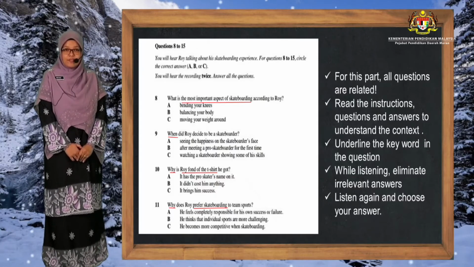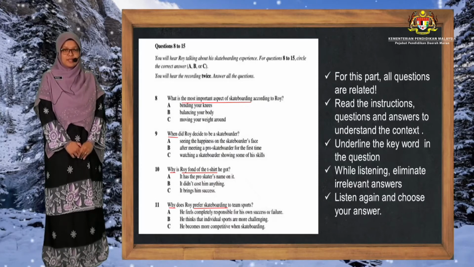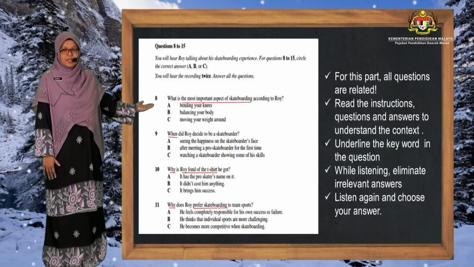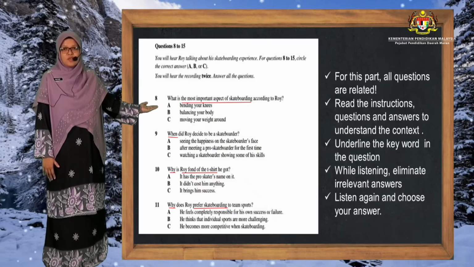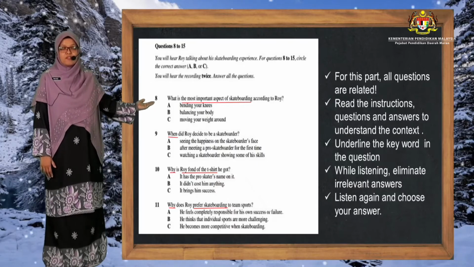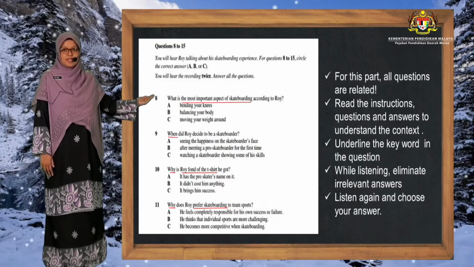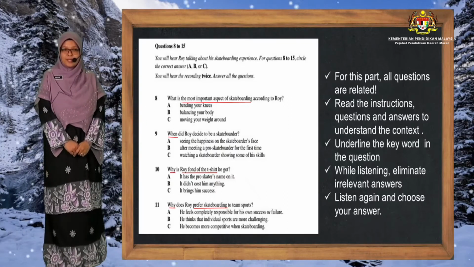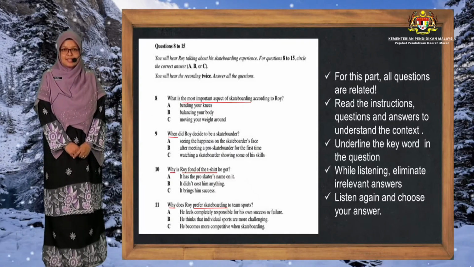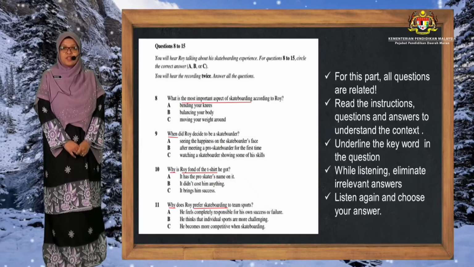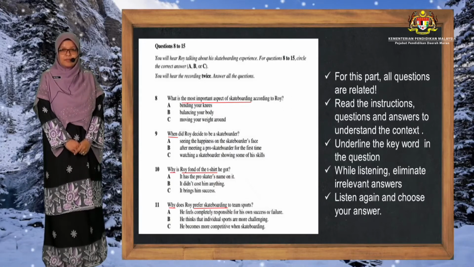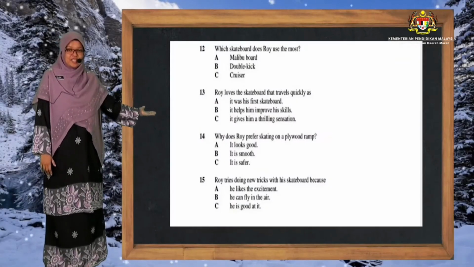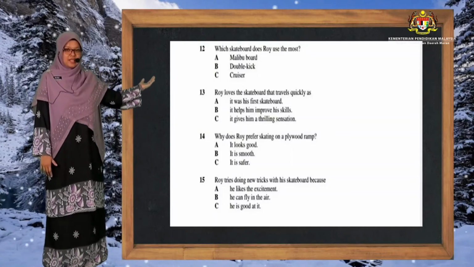And then you have to underline the keyword in the question, just like in part 1. For example here, I've underlined the most important aspect of skateboarding. So that is the keyword. And then while listening, also eliminate irrelevant answers. And when you listen again for the second time, choose your answer. This is the continuation of part 2, question 8 until 15.